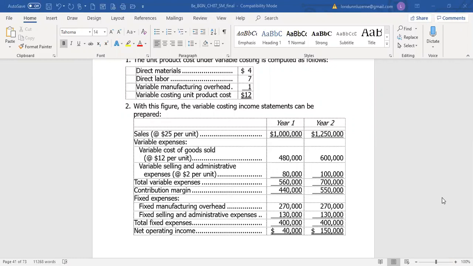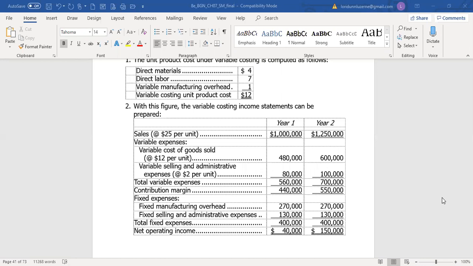Now, after we do that, now we can subtract the fixed expenses. So the fixed manufacturing overhead is given, $270,000 for each year. And that's at the top of page 322. The fixed selling and administrative are given on page 321. They're $130,000 for each year.